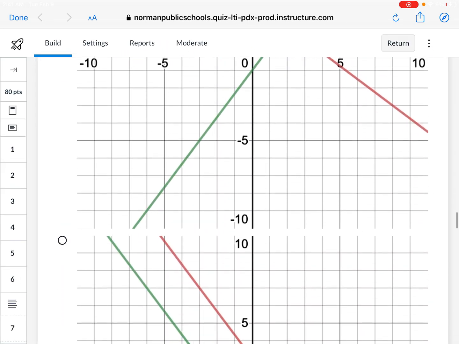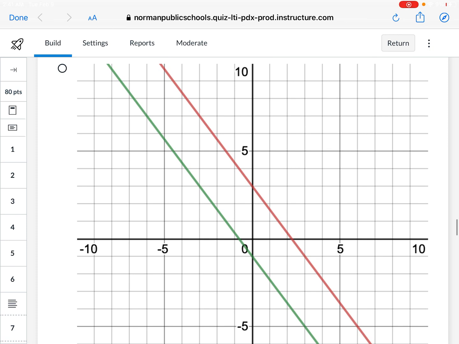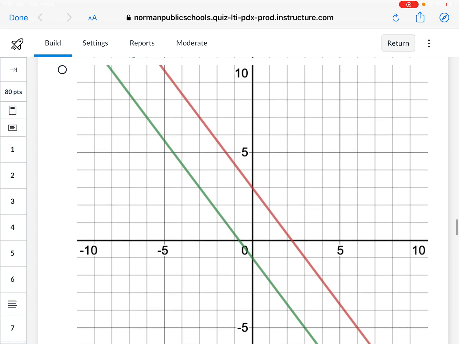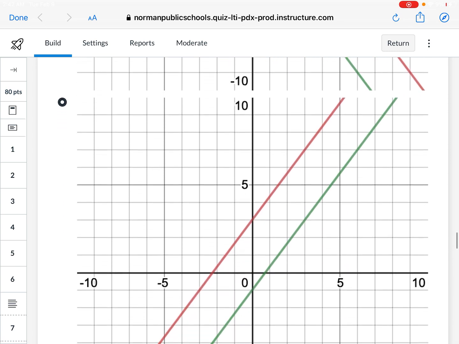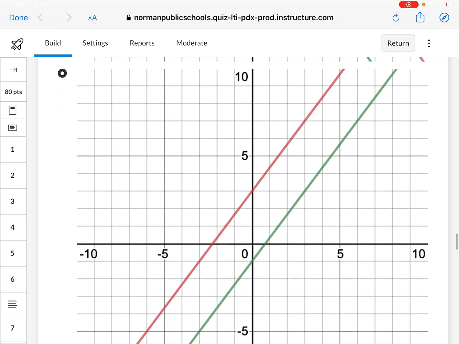So obviously that is a perpendicular graph, so that's not it. So you've got one right here. You've got a y-intercept at 3 and a y-intercept at 1, but your slopes are positive 4 over 3. These are going down, so that's not the answer.